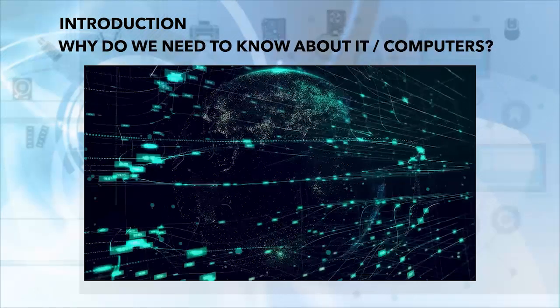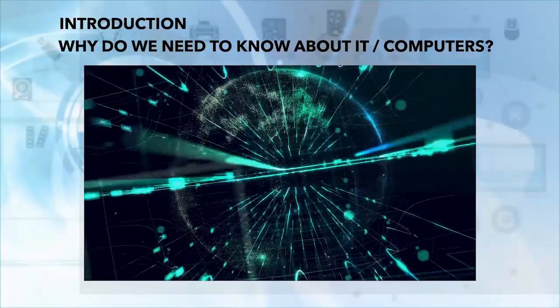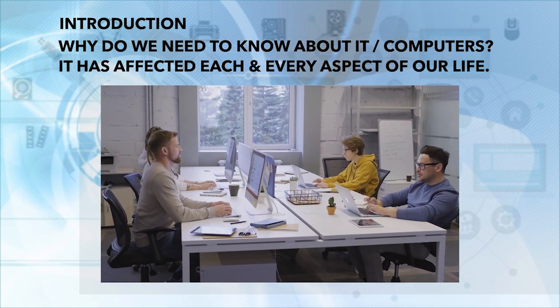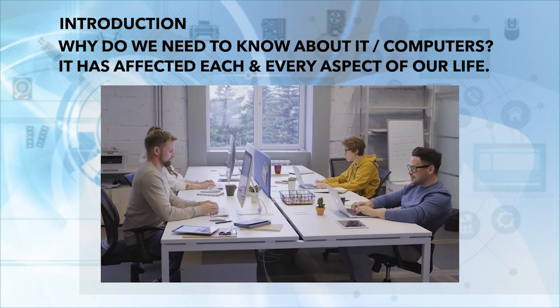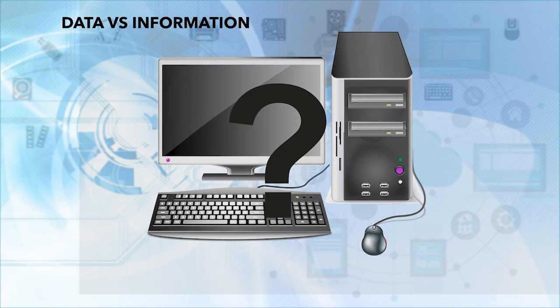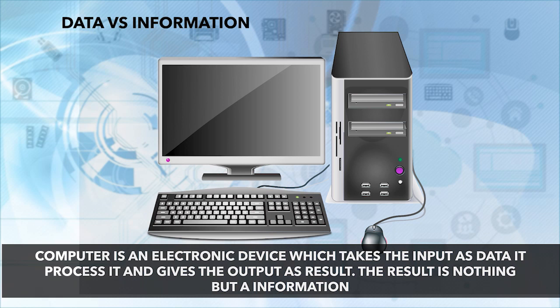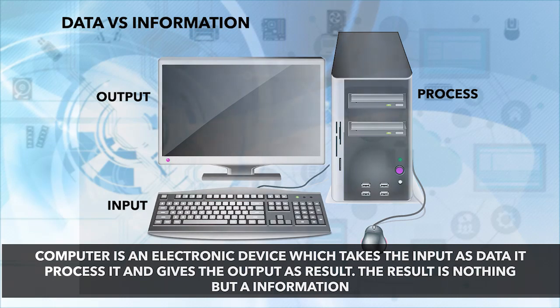Why do we need to know about IT or computers? It has affected each and every aspect of our life. So what do you mean by a computer? Computer is an electronic device which takes the input as data, it processes it and gives the output as result. That result is nothing but information.